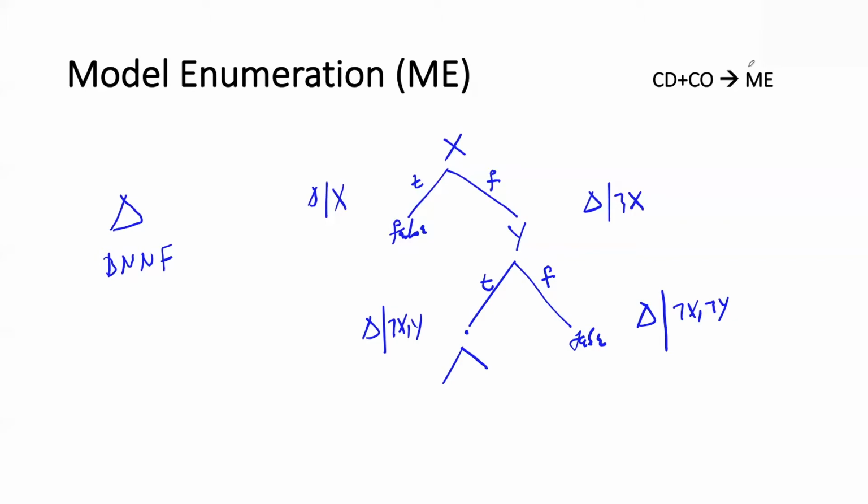All it needed is an ability to do conditioning and consistency in linear time. So any representation that allows you to do conditioning in linear time and consistency in linear time can be used to enumerate models in polynomial time, output polynomial.